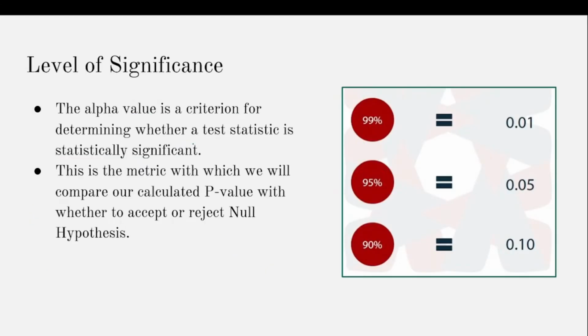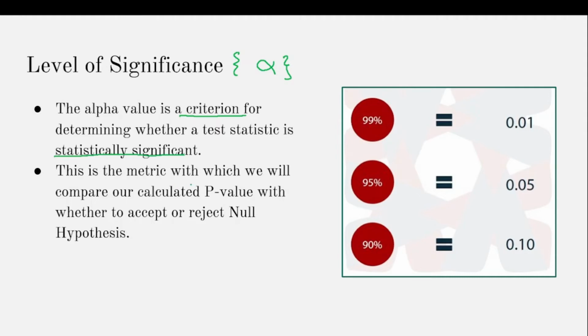Now let us see what we mean by level of significance. First of all, level of significance is denoted by the symbol alpha. By definition, the alpha value or the level of significance or the confidence level is a criteria for determining whether a test statistic is statistically significant or not. In other words, the level of significance tells us how confident you are in the results of hypothesis testing.